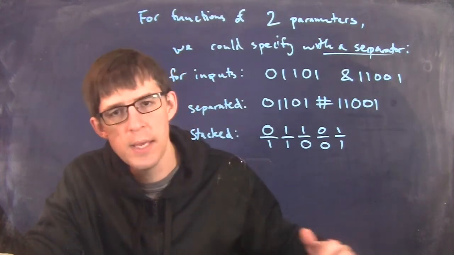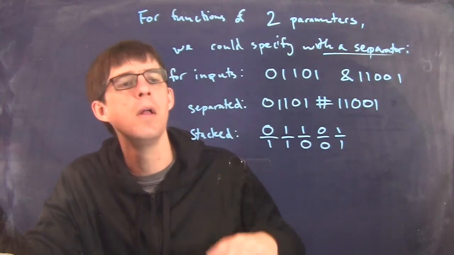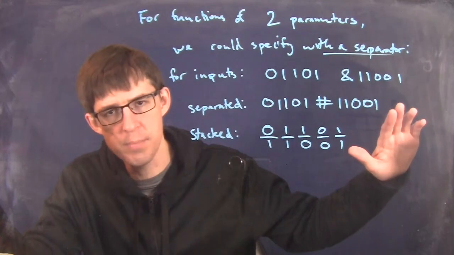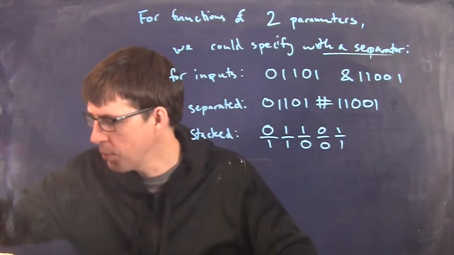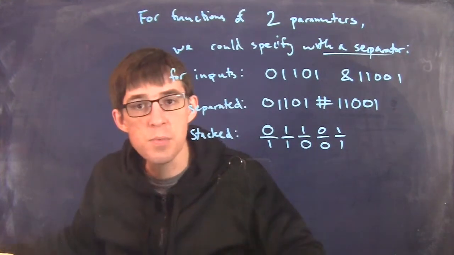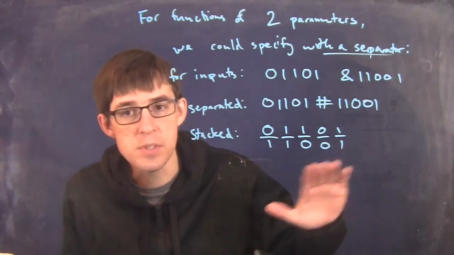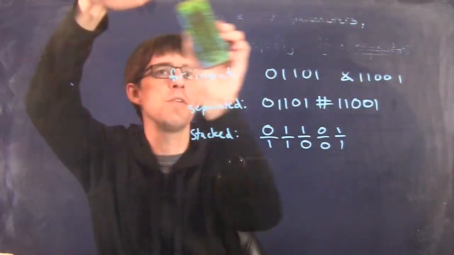If I ever ask you to show that this or that function is Turing computable, you can assume, whenever convenient, either that it has separated inputs like this, or that it has stacked inputs, whichever is more convenient for the problem you're looking at. Most of the ones that we're going to talk about today are more convenient for stacked inputs, and you'll see why that is.